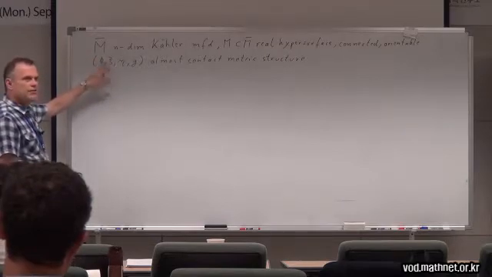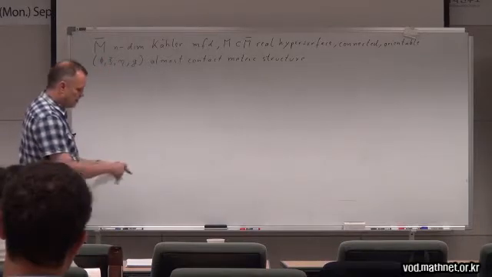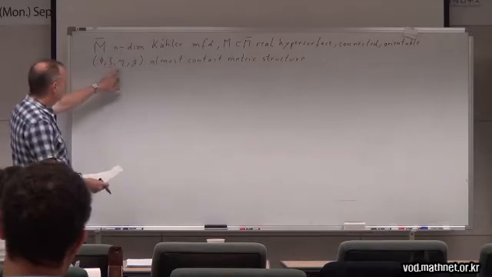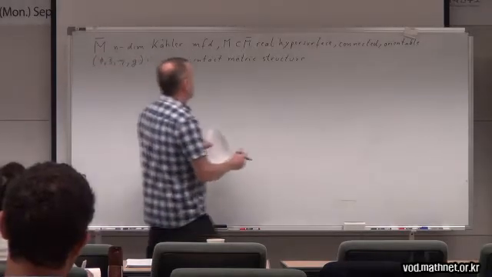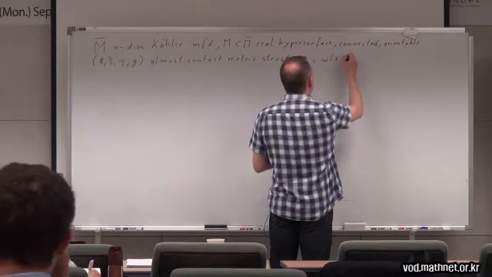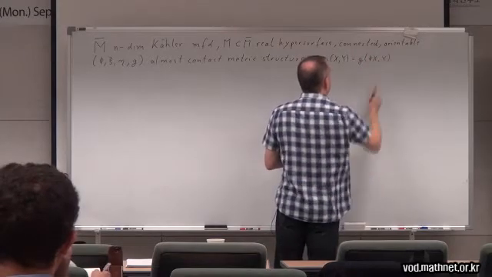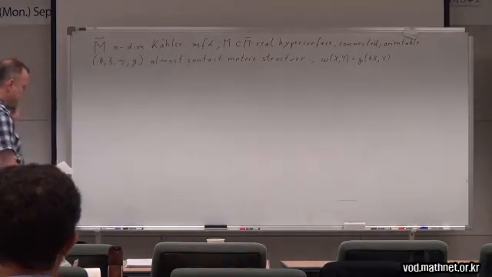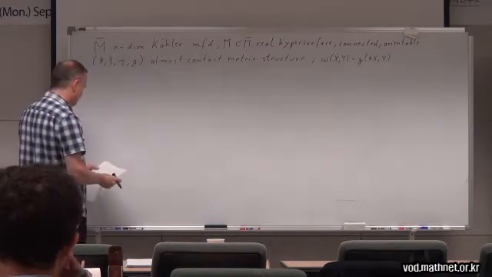Xi is J of the normal vector with a minus in front of it, eta the metric dual one form of Xi, and G the induced metric. What we also needed is the fundamental 2 form, which is defined by G of phi x, y. And we've seen that this is always a closed 2 form.